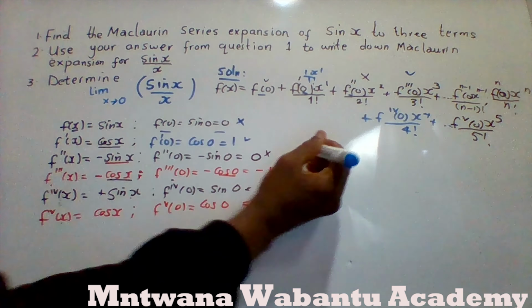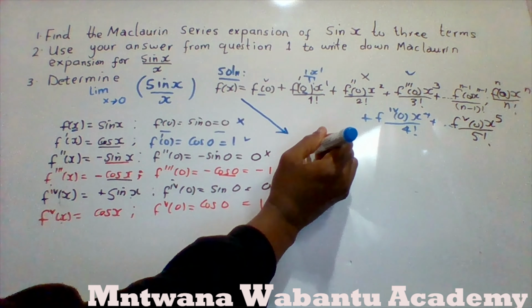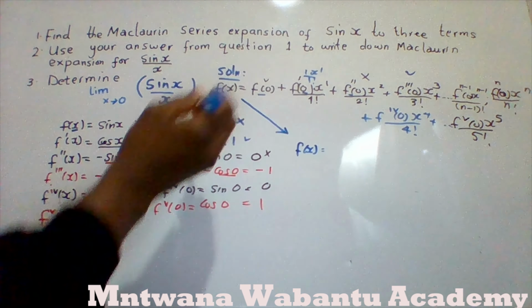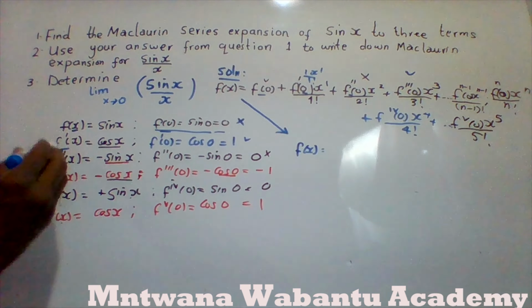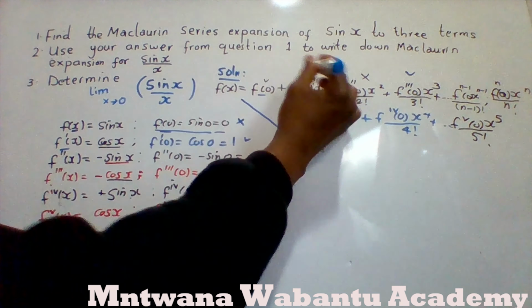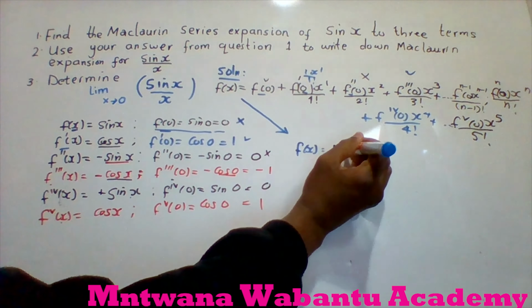So now our f of x equals, so the first one, f power 0, is going to give us nothing, so that's not a term. Now f power 1, f prime 1, is going to give us 1. So this is going to give us 1 times x power 1 over 1 factorial. Now we go for the next one, plus.